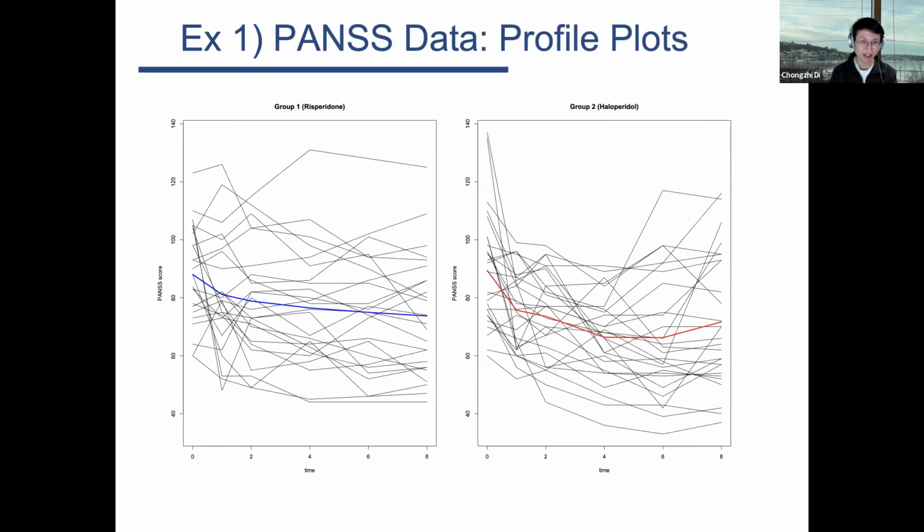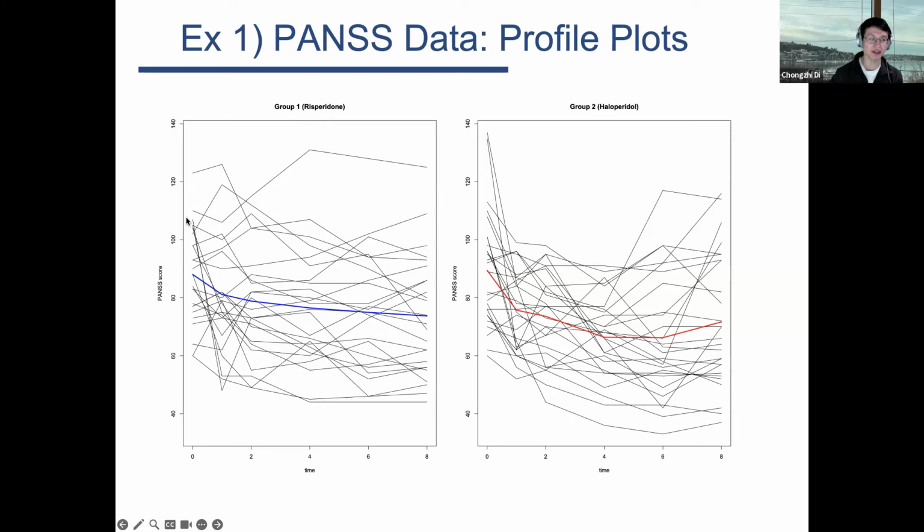This is what you get if you plot the data by the two treatment groups, corresponding to different drugs. The left-hand side is the first treatment, and you see the trajectories.